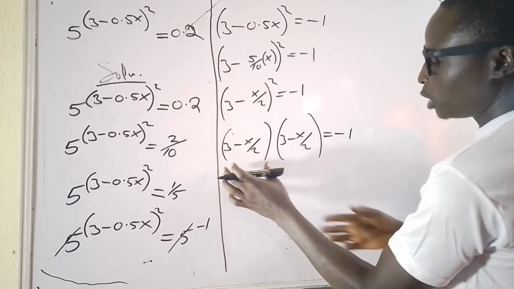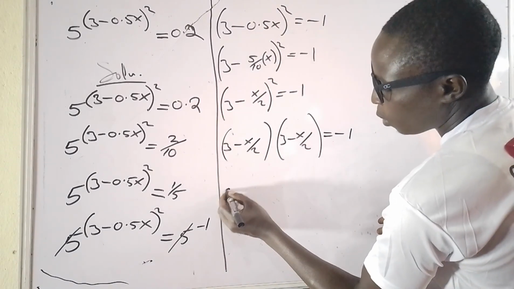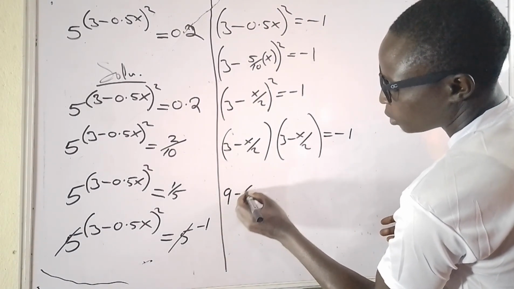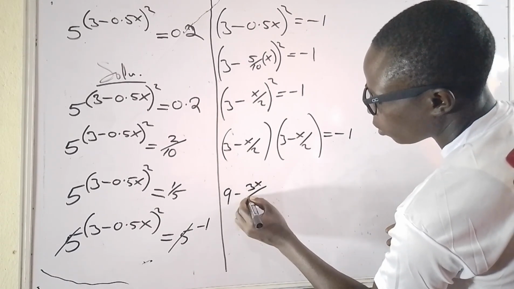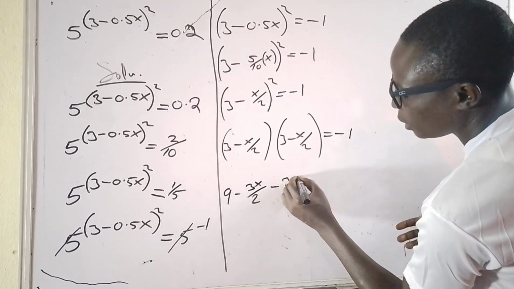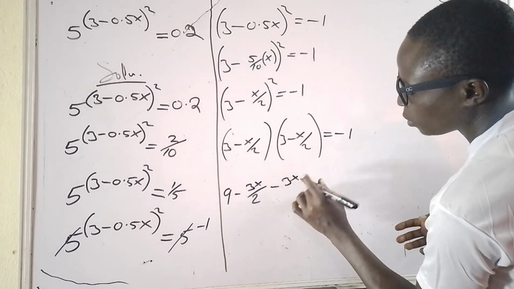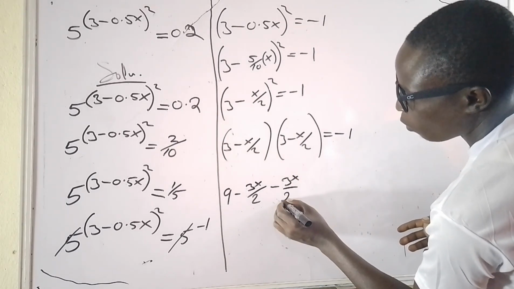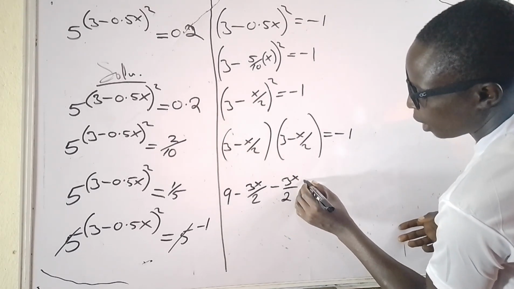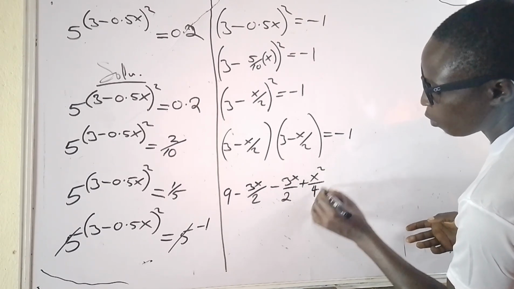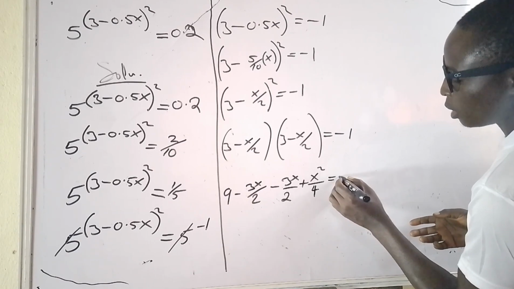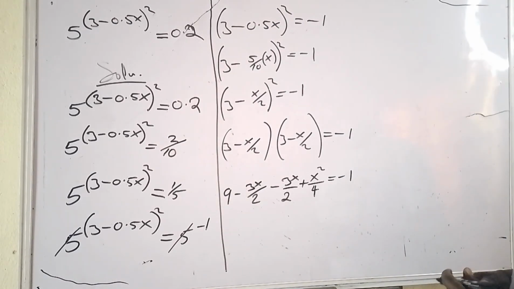So this bracket will open this bracket. I will now have 9 minus 3x over 2 minus another 3x over 2, then I have plus x squared over 4. Everything will now be equal to minus 1.